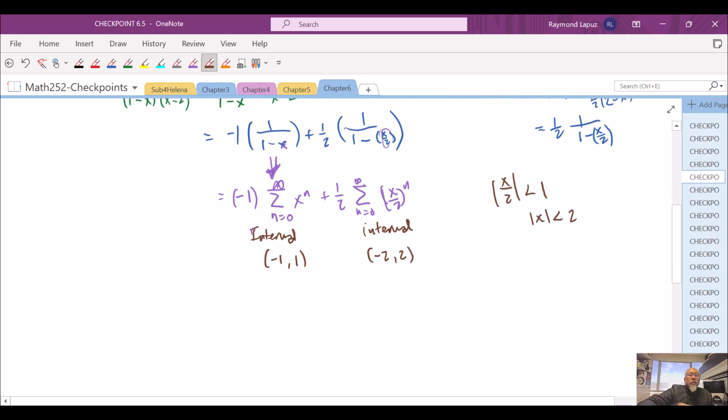Now between these two intervals, if we take a look at that, we have -1 to 1, and then the bigger interval is -2 to 2. Now we know that the series converges here for the smaller one and diverges everywhere else. And for the second one, we know the series will converge here and then diverges everywhere else. So we basically want to make sure we pick the interval where everything converges.